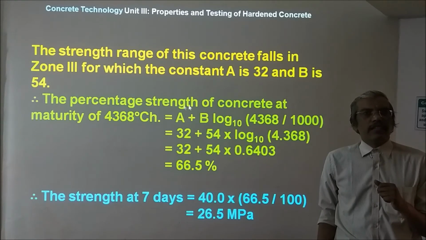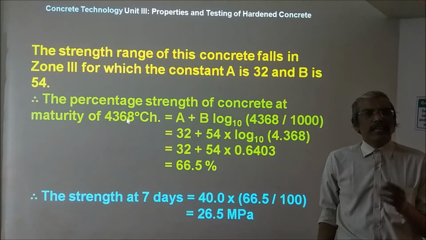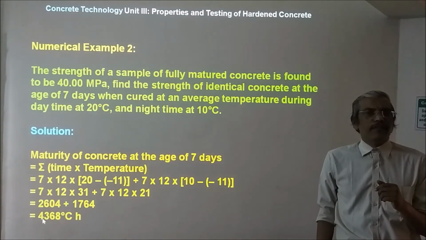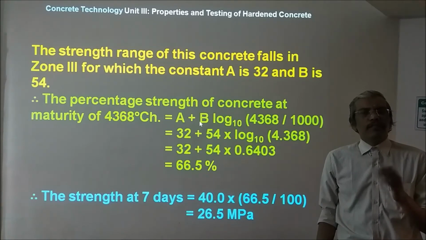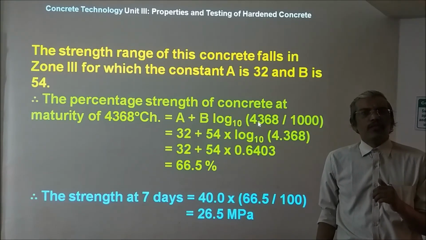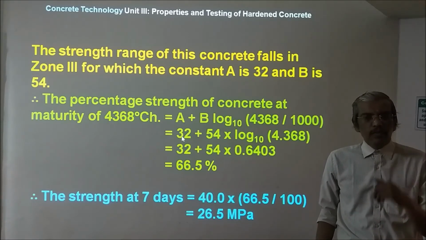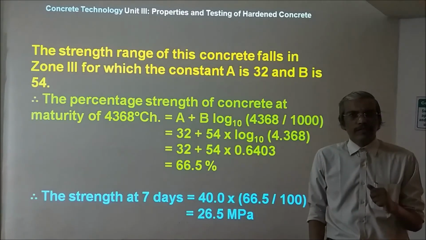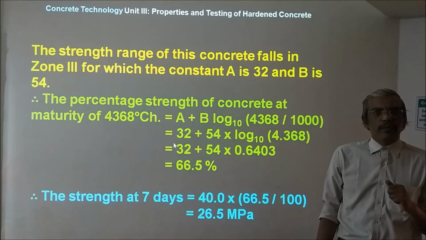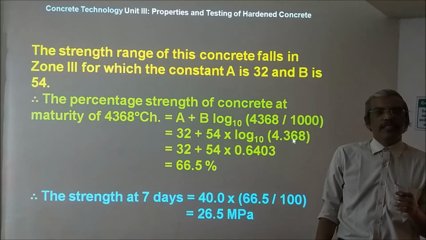The percentage strength of the concrete at the maturity of 4368 degrees centigrade hours, which is taken from here, is equal to A plus B log to the base 10 of 4368 upon 1000. The A value taken is 32 and the B value is 54, from Plowman's coefficients, multiplied by log to the base 10 of 4368 upon 1000, which is 4.368.